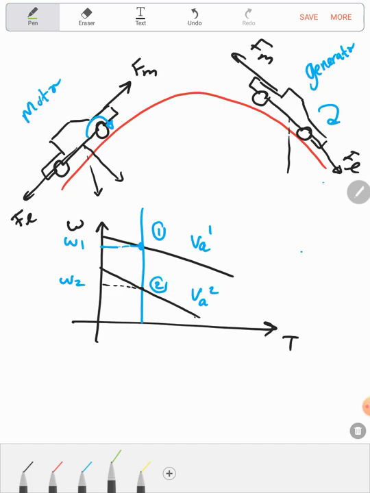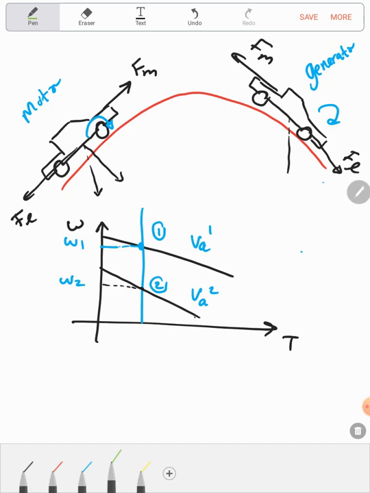Remember, the speed cannot jump, because it's governed by a differential equation: J d omega by dt must equal the summation of the torque. And the current, of course, cannot jump, because there's inductance in the machine, and it will be L dI by dt. But from a time scale point of view, the time constant of the electrical part is much faster than the time constant of the mechanical part.